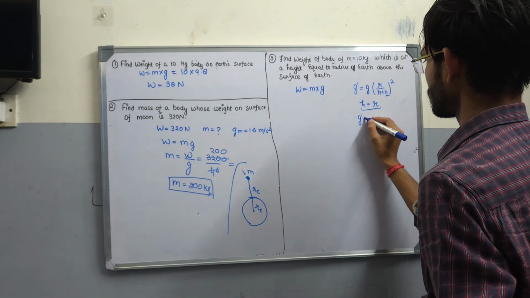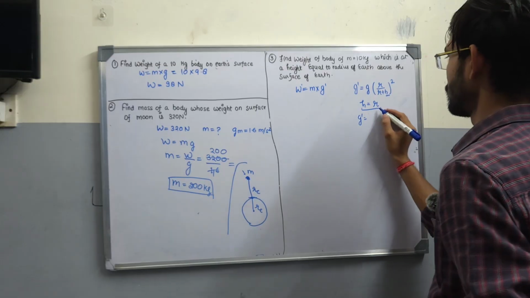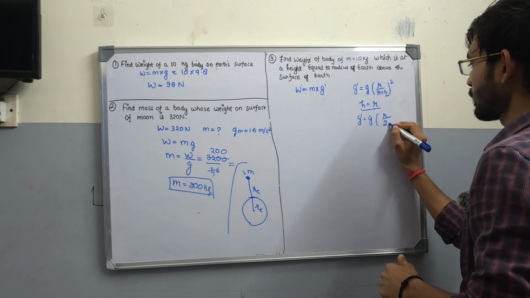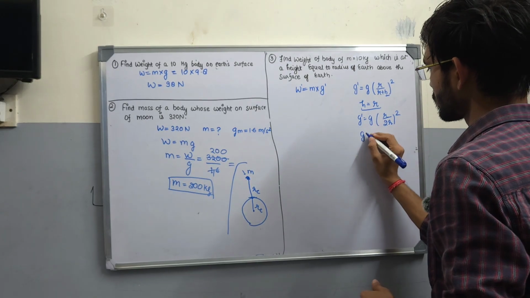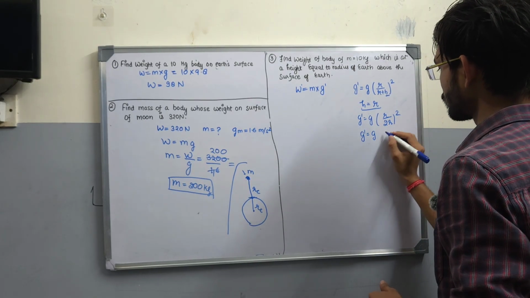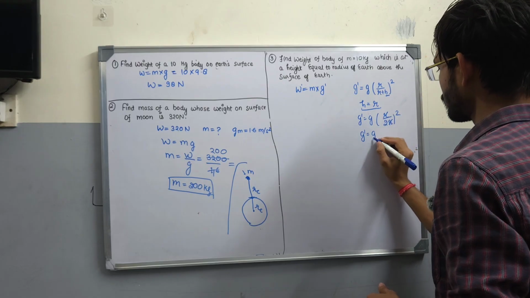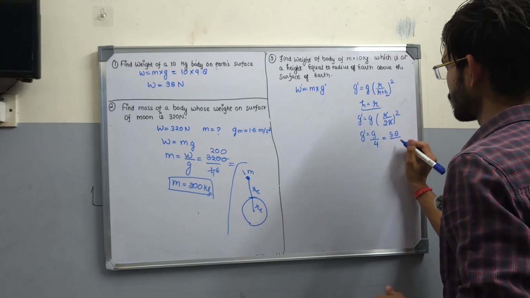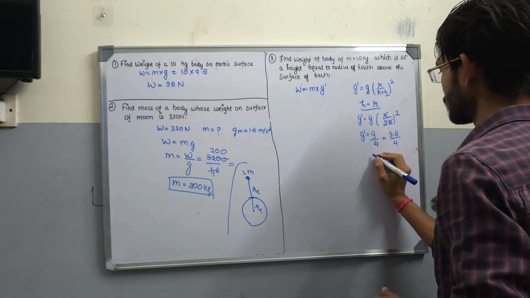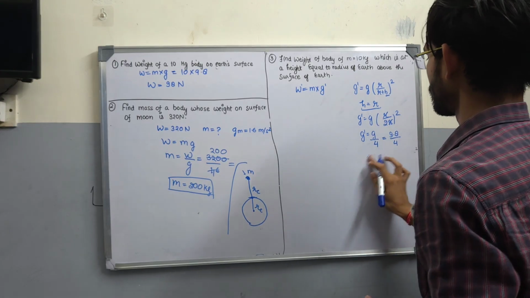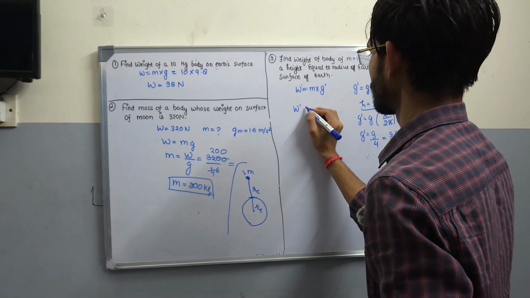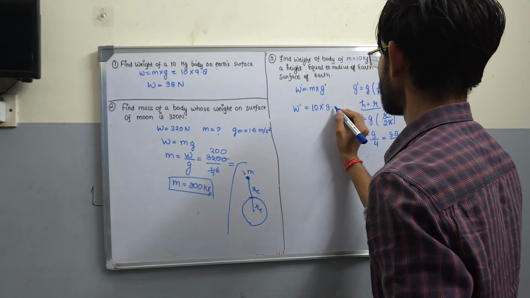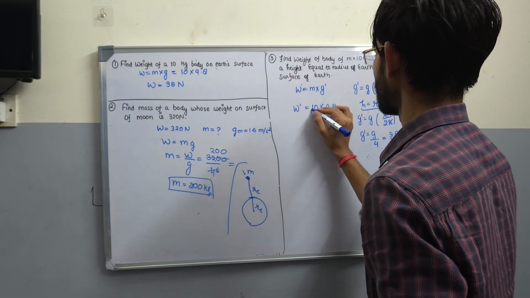So from here g prime equals g r upon r plus r, 2r, whole square. So g prime equals g into 1 by 2 square, meaning 1 by 4 g. This will be 9.8 upon 4. Put g prime here, w prime equals mass is 10 into 9.8 by 4.